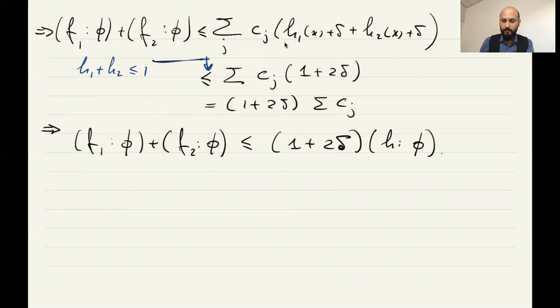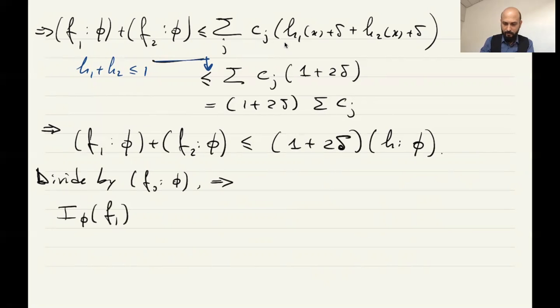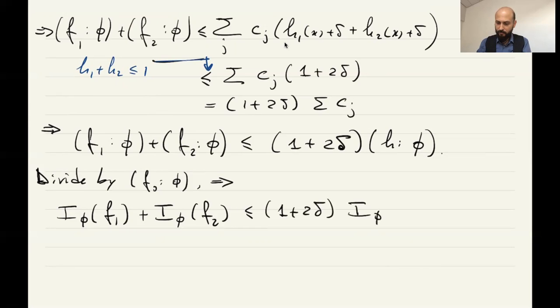Okay, so now let's divide by f0 with respect to phi. And what we get is the operator on f1 plus the operator on f2 is less or equal to 1 plus 2 delta times the operator on h.